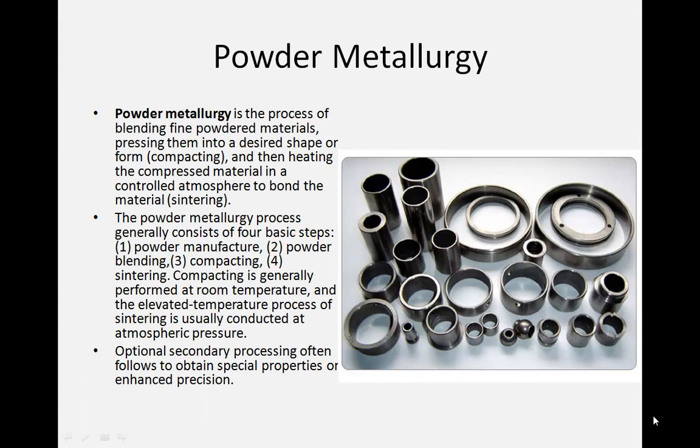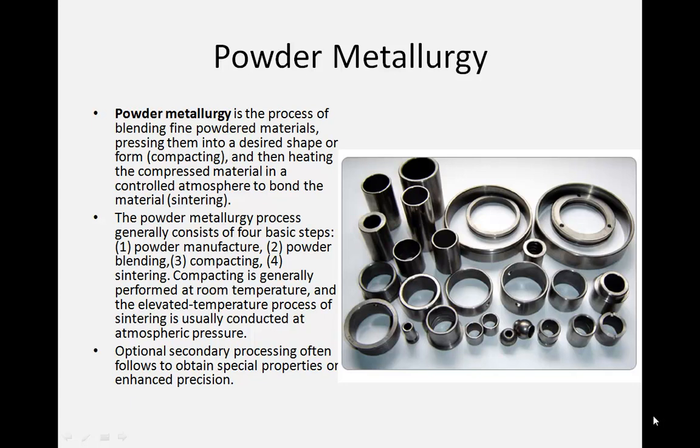Then there is powder metallurgy. This is the process of blending fine powdered material and then compacting it, then heating it in a controlled atmosphere so that the material is bonded. That process is called sintering. In powder metallurgy, there are four basic steps: powder manufacture, powder blending, compacting, and sintering. Compacting is generally performed at room temperature, whereas sintering is done at elevated temperature.